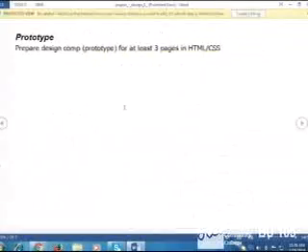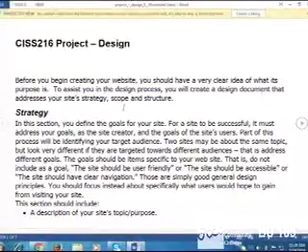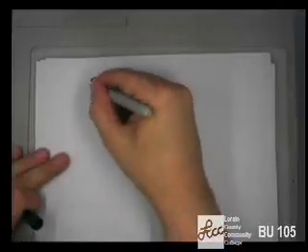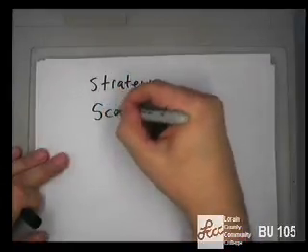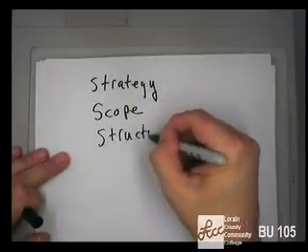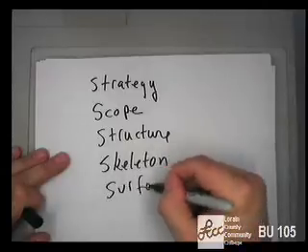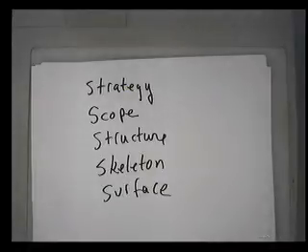The plan consists of 5 sections. And just as a memory aid, you can use words that all start with S for each of these sections.